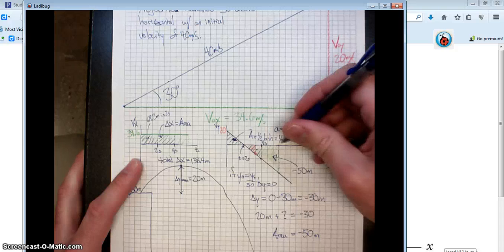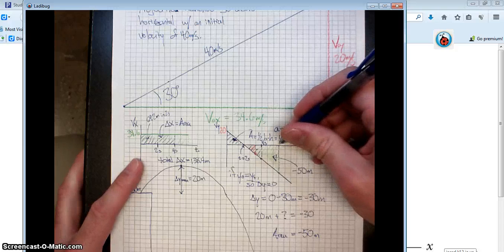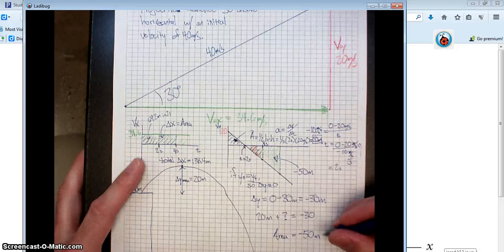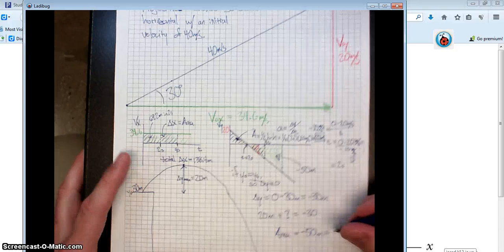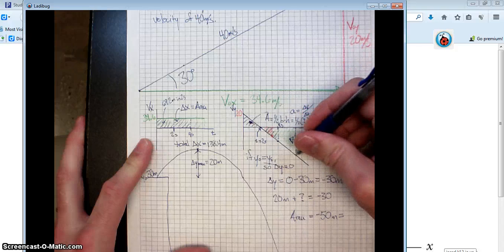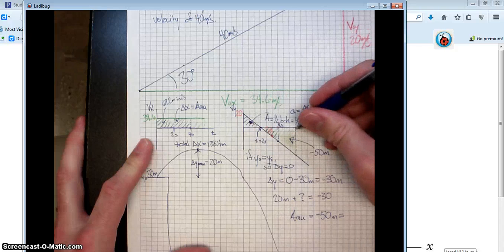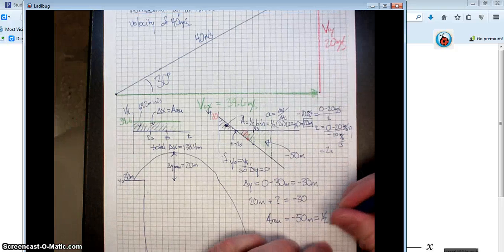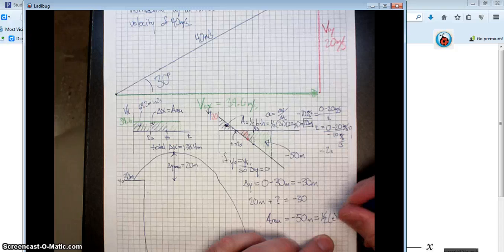I could maybe make some kind of a scaling argument. And I don't know what this final vertical velocity is. I just know how they relate to each other. That's by the slope. So again, if this is 1 over, then this is negative 10 down. If this is 2 over, this is negative 20 down. So I can call the base t, and the height will be negative 10t.